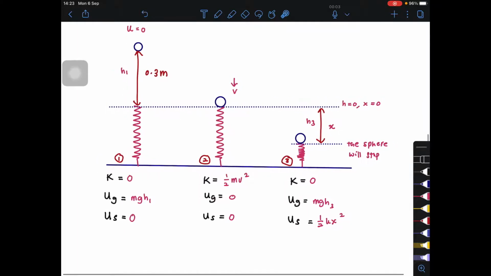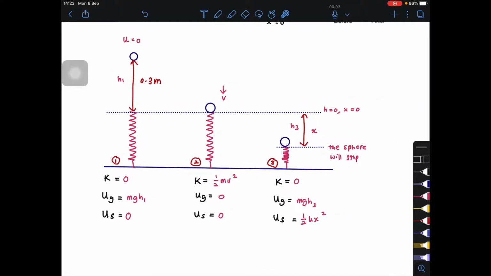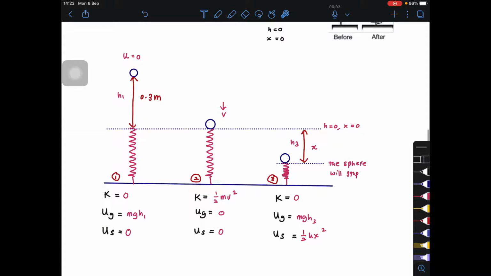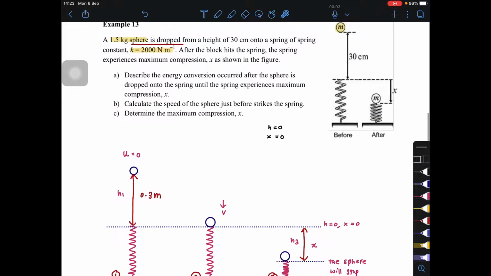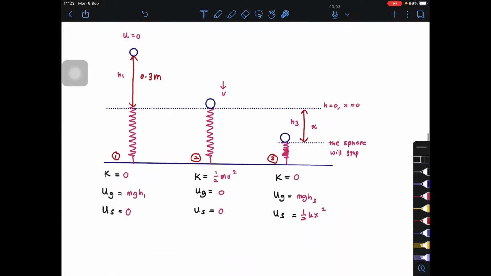Okay, so now this is what we have. So kita sudah identify apa energi yang terlibat. Okay, kita tengok kembali kepada soalan. Apa soalan minta? First question, describe the energy conversion occur after the sphere is dropped onto the spring until the spring experience maximum compression. So apa energy conversion yang terlibat?